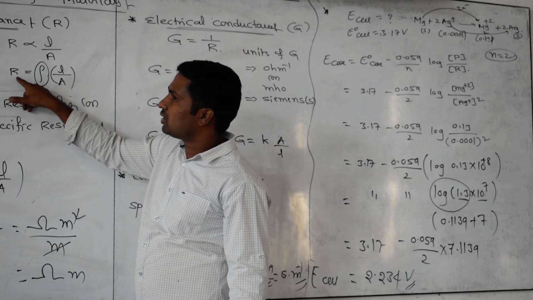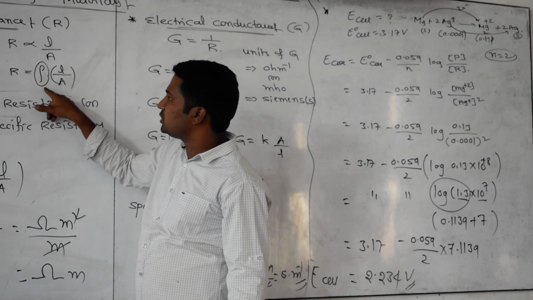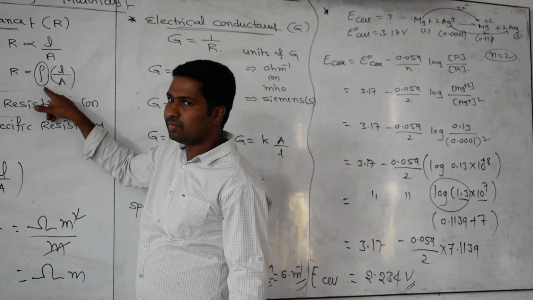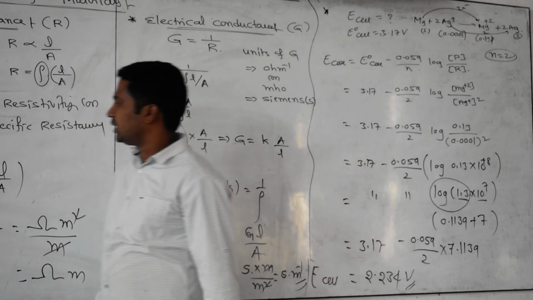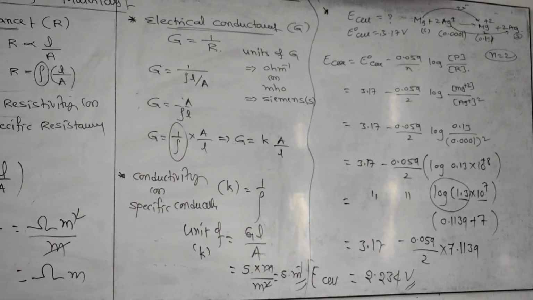What are the units of R? Ohm. We know very well. I want units of resistivity. How? Ohm meter square by meter is nothing but ohm meters. Yes or no? So what is the definition of resistivity or specific resistance? When we take 1 meter length and 1 meter square cross section area of the body, then its resistance only we are calling resistivity.